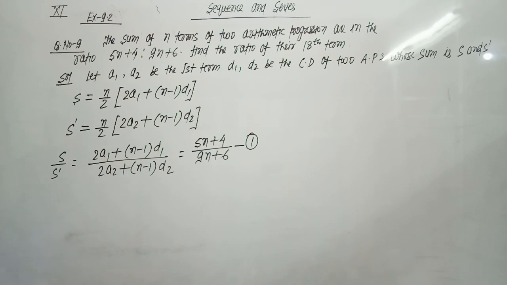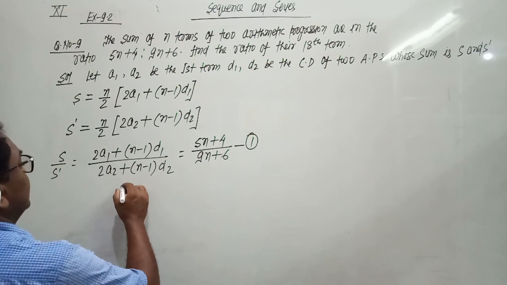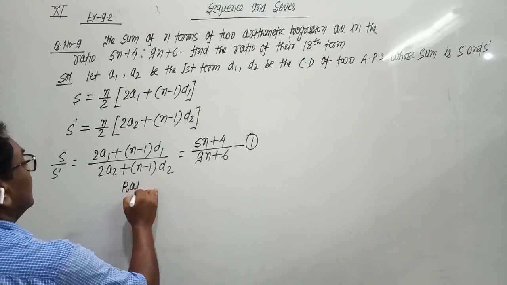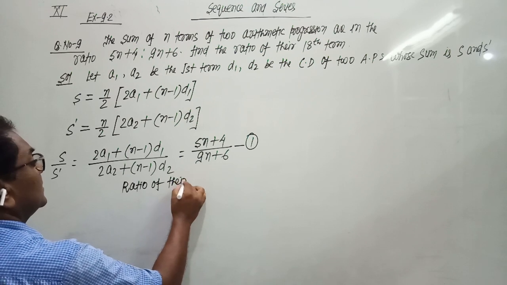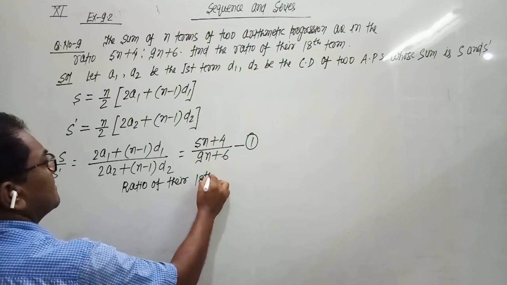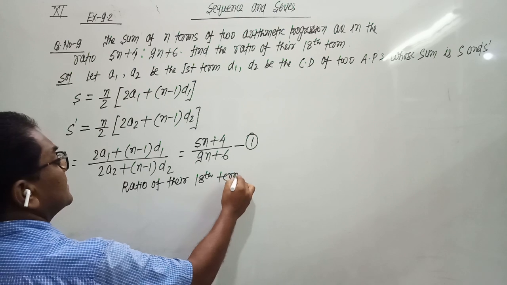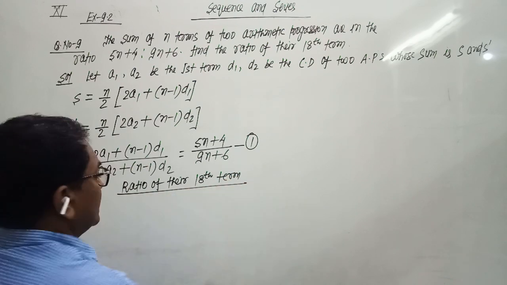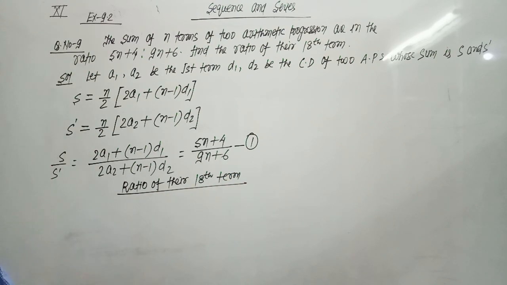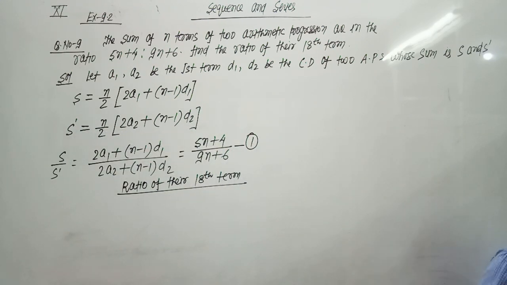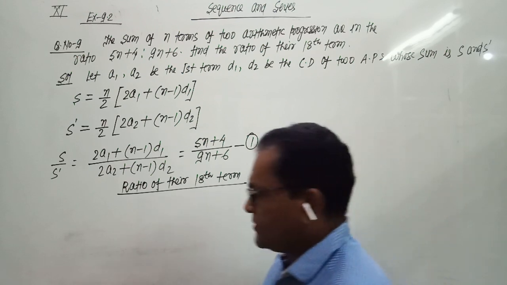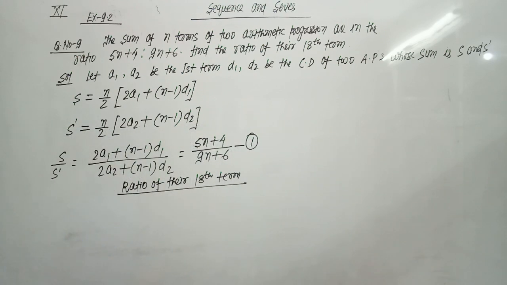Now we have to find the ratio of their 18th term. So the ratio of their 18th term means the 18th term of the first AP upon the 18th term of the second AP.